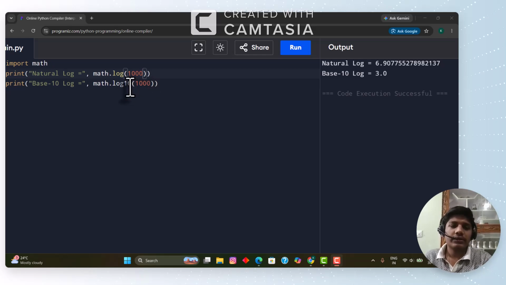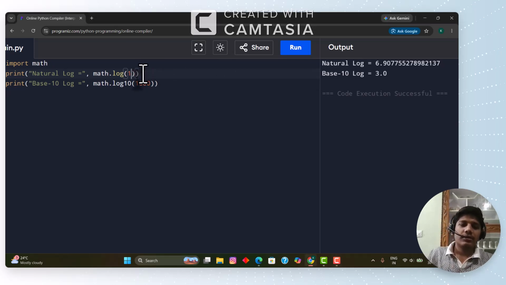In mathematics on paper, we write log 1000 to the base 10, with the base at the bottom right. But here we can't write like that. So log10 with 1000 inside the brackets. So 10 power 3 is 1000, so here 3. This is the natural log of 1000, 6.907.